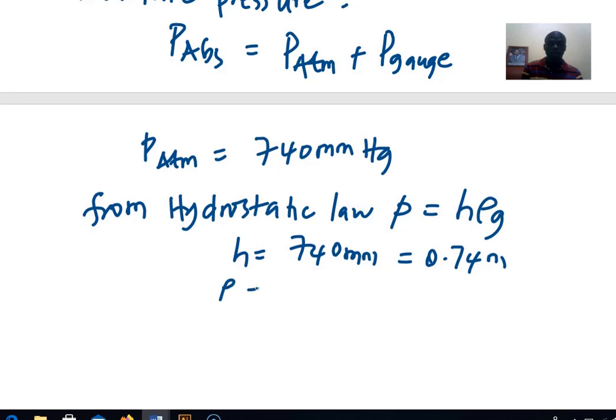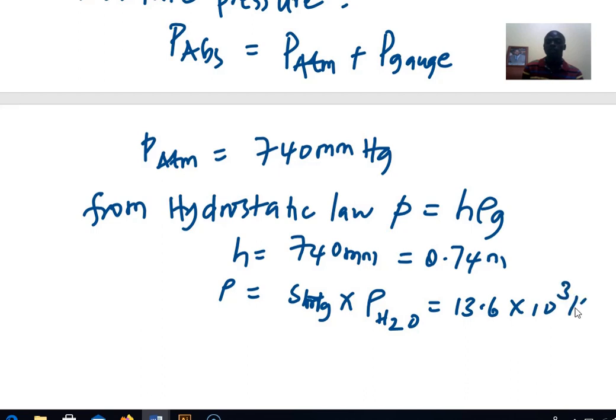Rho is the density of mercury, and it is the specific gravity of mercury times the density of water. So this is 13.6 times 10 power 3 kilogram per cubic meter. Then G is known as 9.81 meters per second square.